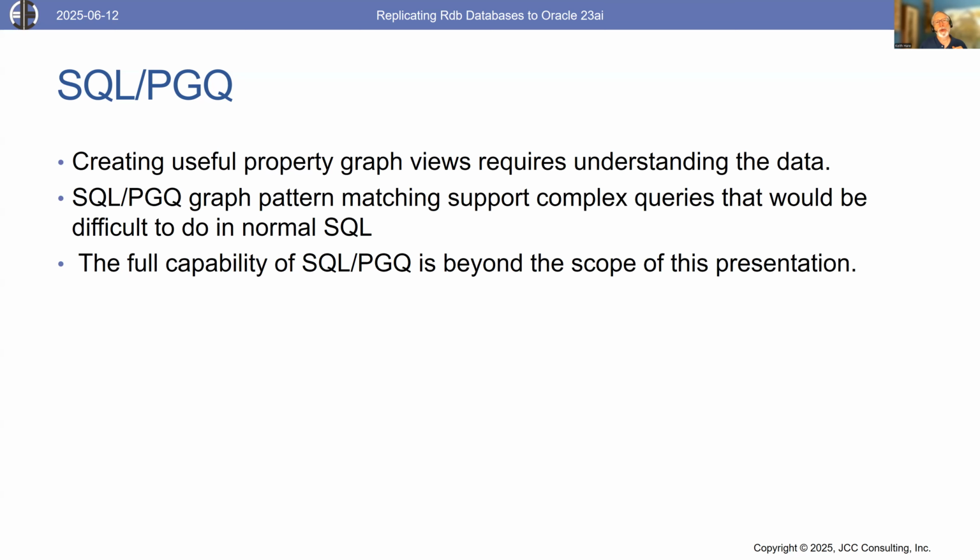What this is doing is in the property graph view, you're describing the relationships between the different tables, and then in the query, you don't have to know what that relationship is. So there are some, I think, cool capabilities, but the details are beyond the scope of this presentation.